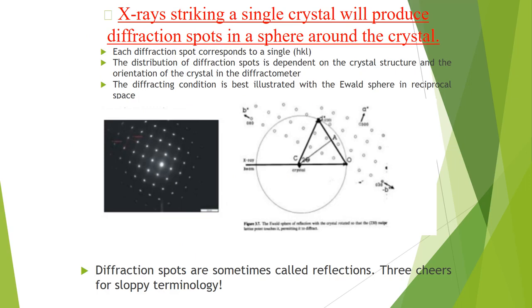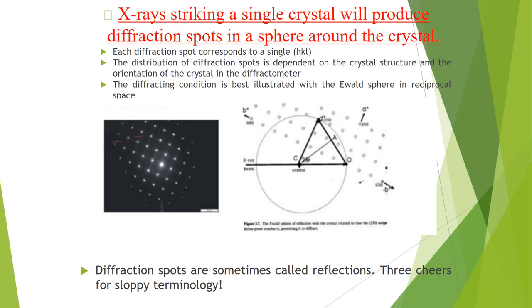Here in this slide, we will discuss that X-ray striking a single crystal will produce diffraction spots in a sphere around the crystal. Each diffraction spot corresponds to a single HKL Miller index. The distribution of the diffraction spots is dependent on the crystal structure and the orientation of the crystal in the diffractometer.